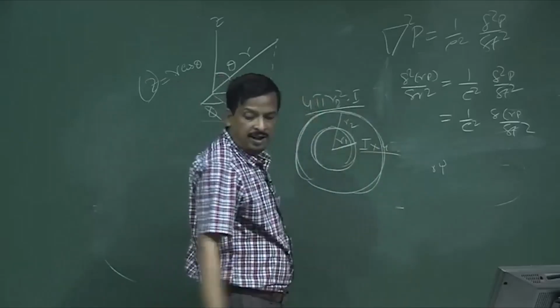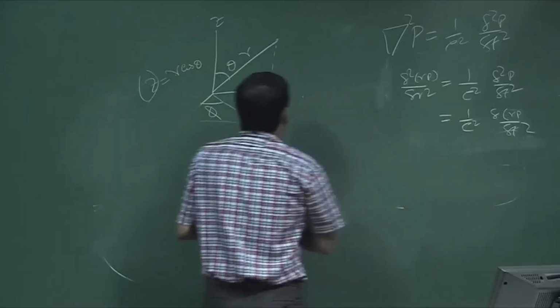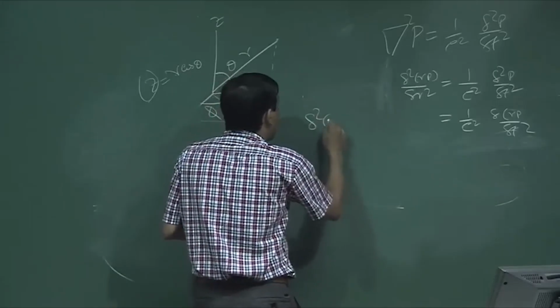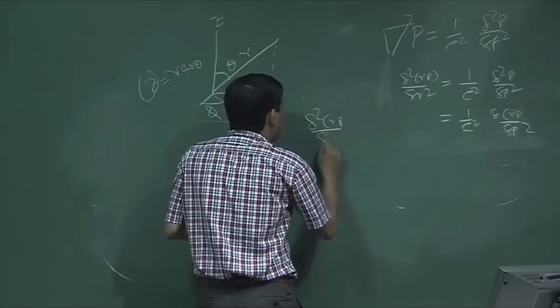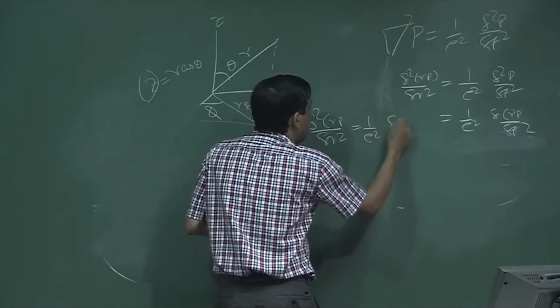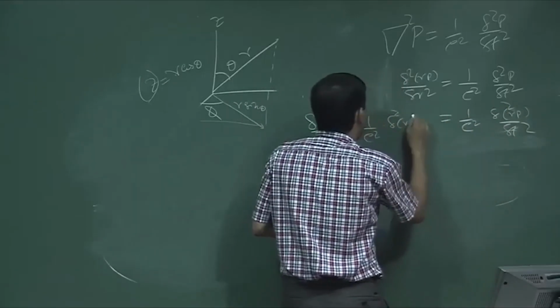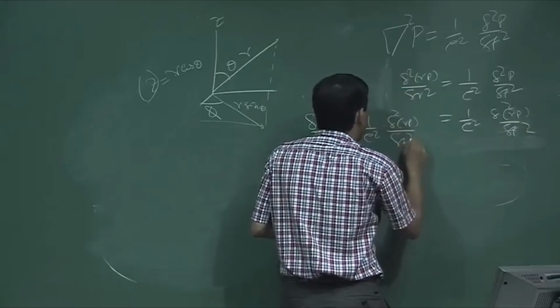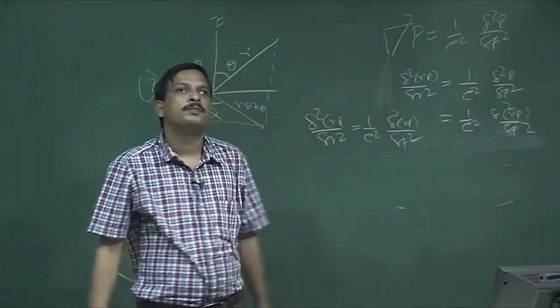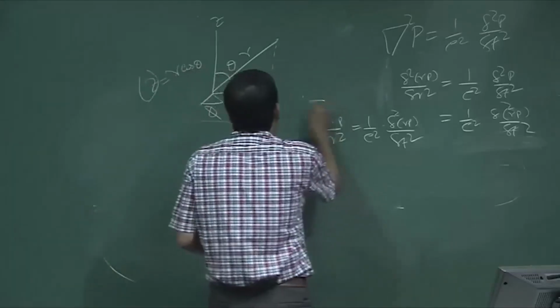So, I can say in the case of spherical wave propagation, the wave equation becomes del square rp divided by del r square is equal to 1 by c square del square rp divided by del t square. Okay. So, this is the spherical wave propagation equation.